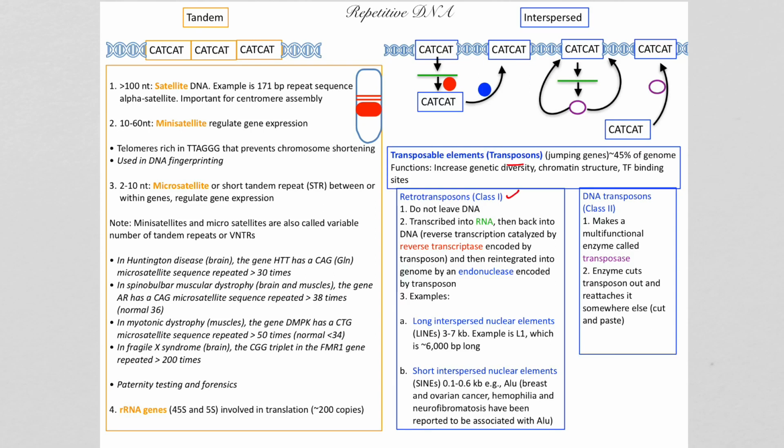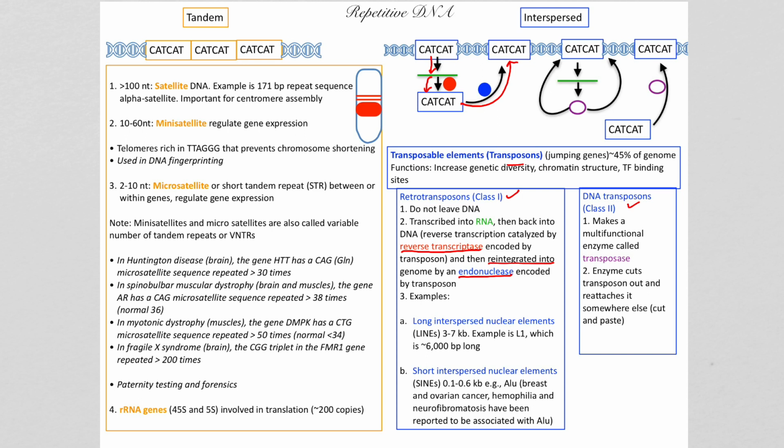There's class 1 and class 2. In class 1, the transposon makes its RNA. This RNA is then reverse transcribed by an enzyme called reverse transcriptase. And then this sequence is reintegrated back into the DNA by another enzyme encoded by the transposon called endonuclease.